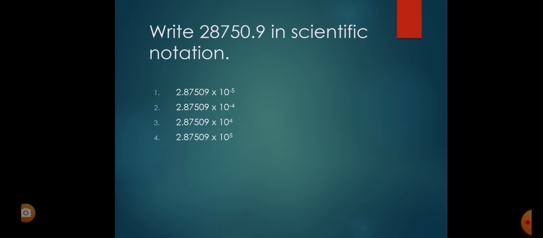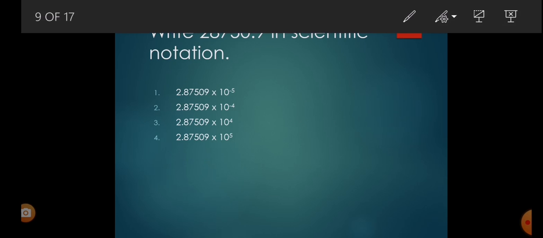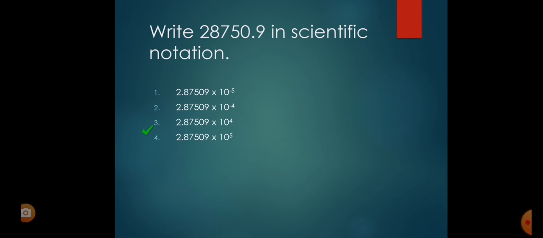Now revise the concept of scientific notation with some MCQ-based slides. The first slide is 28750.9. Write the best option. There are 4 options given to you. The third option is right.